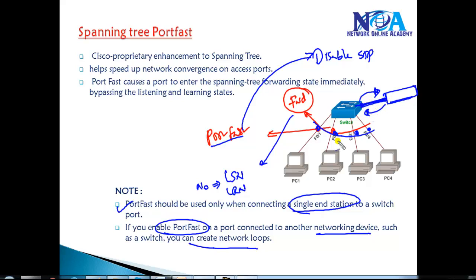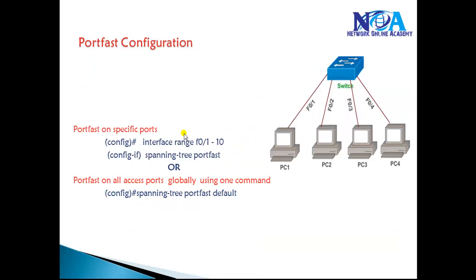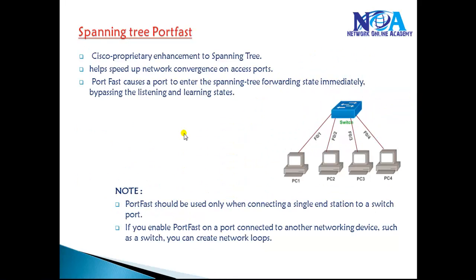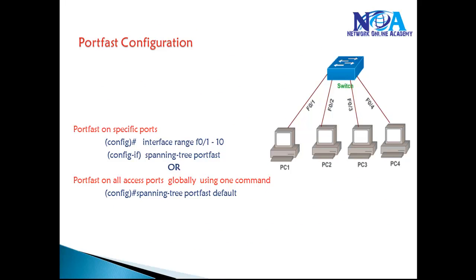Once you enable portfast, the administrator is ensuring that these ports are not connecting to any networking devices, switches or hubs, that they are connecting to end devices, and that there is no possibility of loops. This way we save that initial 30 second downtime on access ports.